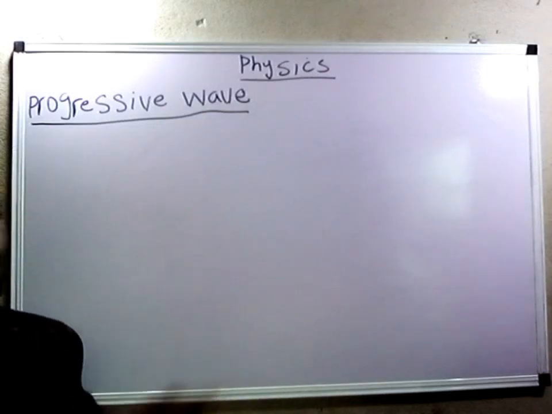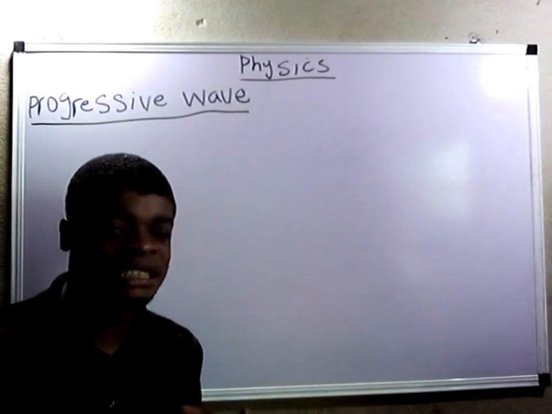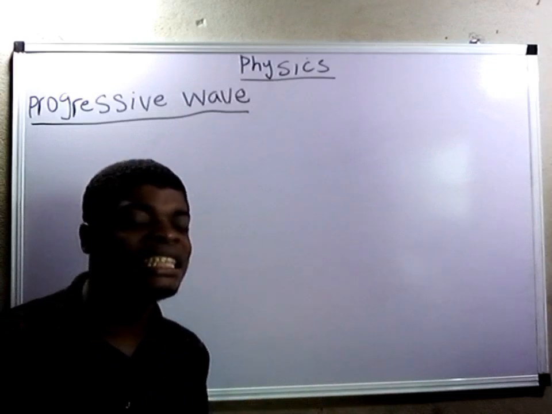On progressive waves, what is a progressive wave? A progressive wave is a wave that spreads out from a source without any restriction.